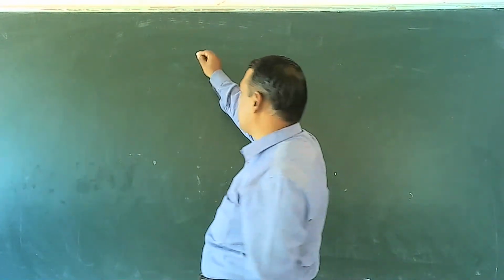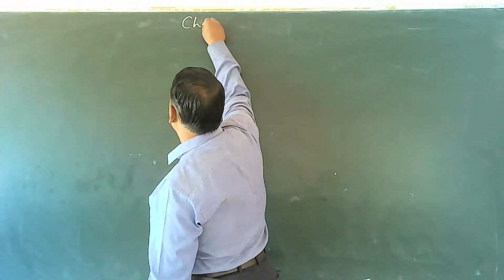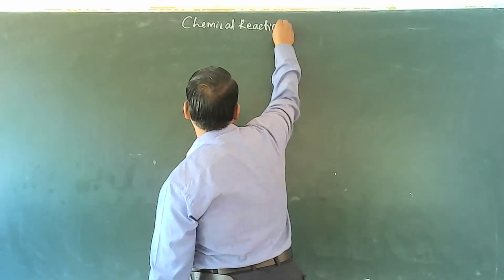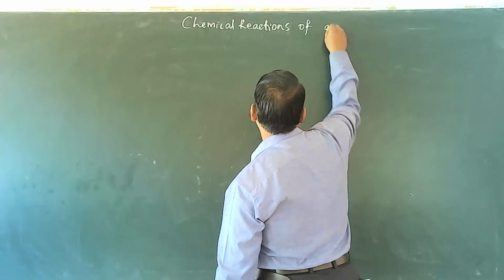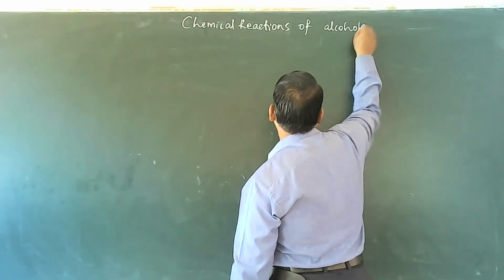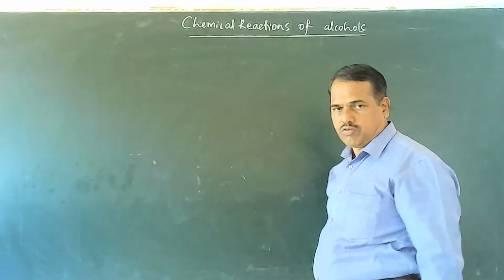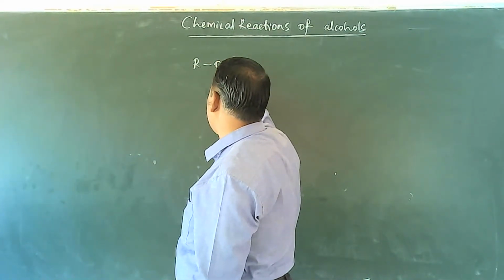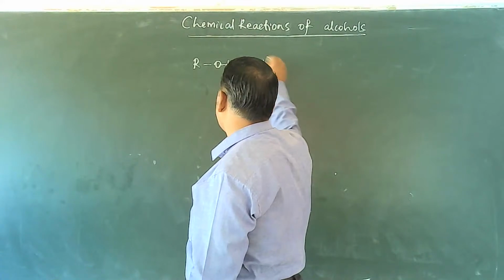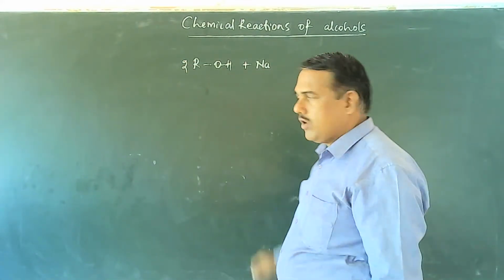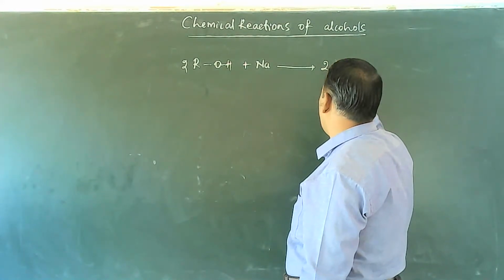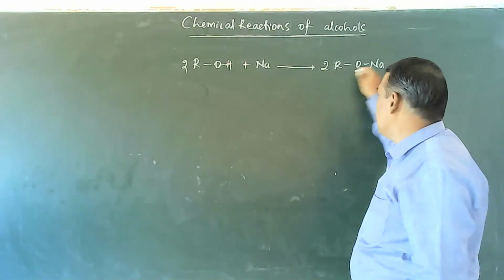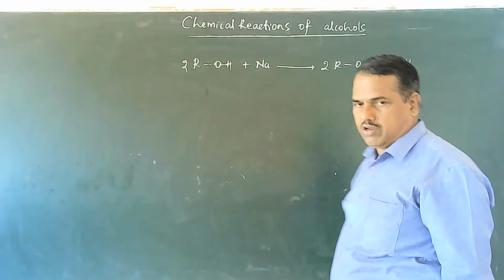When alcohols react with active metals like sodium, we will get 2RONa, which is nothing but sodium alkoxide, with the release of hydrogen gas.